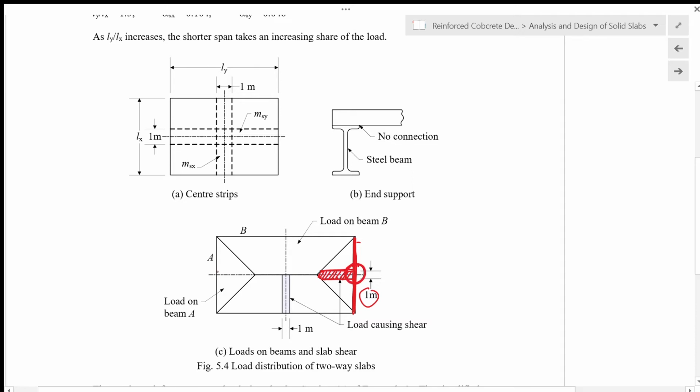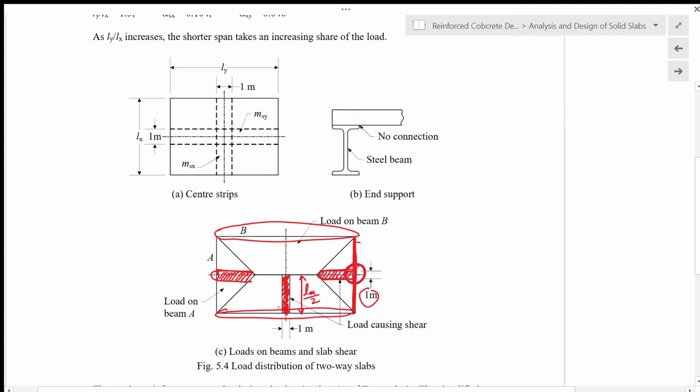Okay, so for the shear here, you take this strip of loading and calculate the total load within this area. Same as for the shorter span, the beam supporting the shorter span of the slab will carry a shear force equal to the total force on this 1 meter strip times Lx over 2.